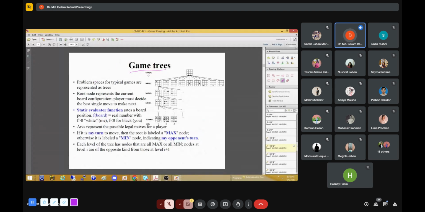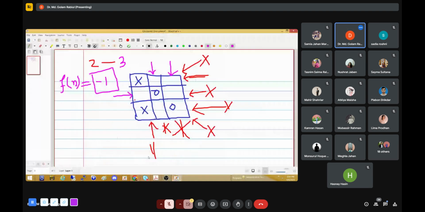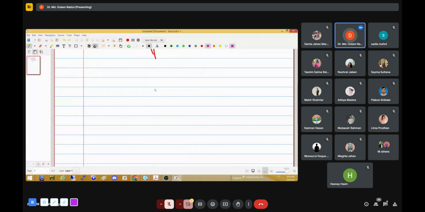Like in tic-tac-toe, this will be the initial board, an empty 3 by 3 board. So initially the board will be like this. This is the initial state, one of the states of the game.